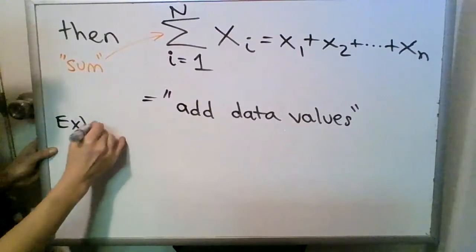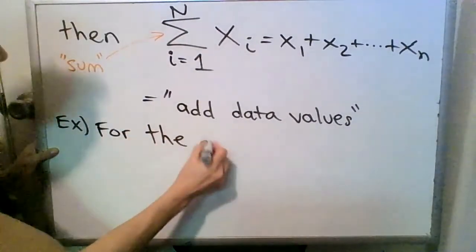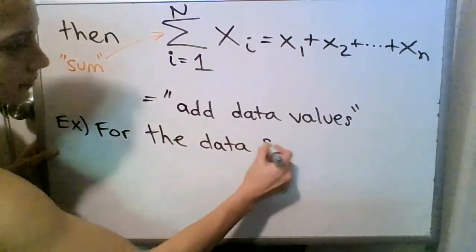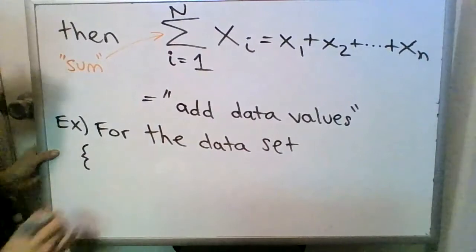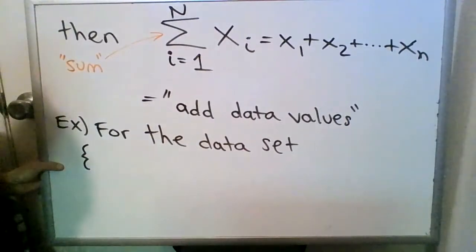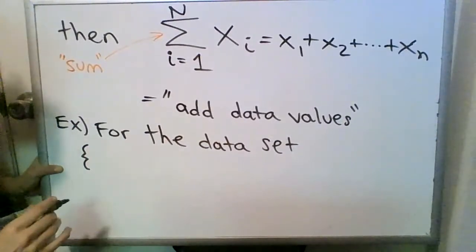Let's see, for the data set that contains 1, 2, 1, 3, 7, and 9, we're going to find the sum.